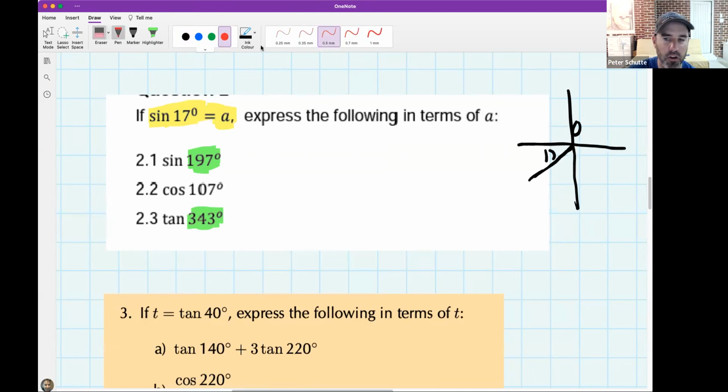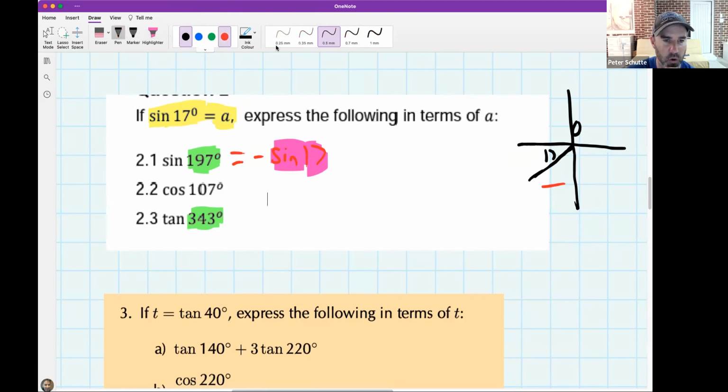Now, because of the CAST diagram, in this quadrant, sine is negative, and so this would reduce to minus sine 17. Now, the good news is I've got sine of 17 here, and I know the sine of 17 is just a.